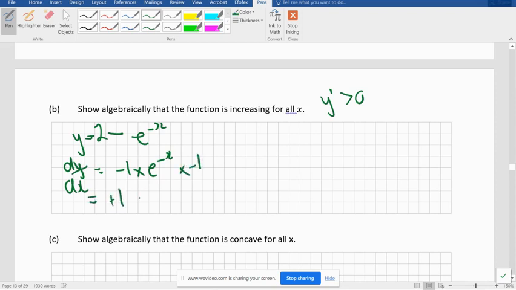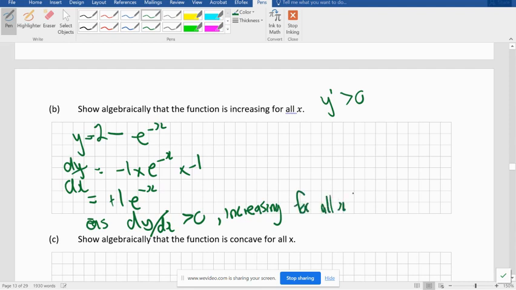So it becomes positive 1 e to the minus x, okay? And I hope you guys understand. I mean, that's all you really need to do. And then you can say as dy by dx is positive, it's increasing for all x. Okay, a fancy way of saying for all x.